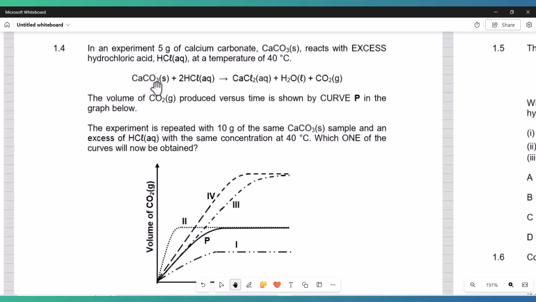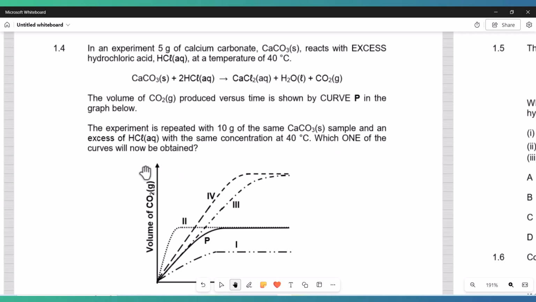This is calcium carbonate plus HCl to give us calcium chloride plus water plus carbon dioxide gas. The volume of carbon dioxide gas produced versus time is shown by curve P in the graph below. The experiment is repeated with 10 grams of the same calcium carbonate sample and an excess of HCl with the same concentration at 40 degrees Celsius. Which one of the curves will be obtained?